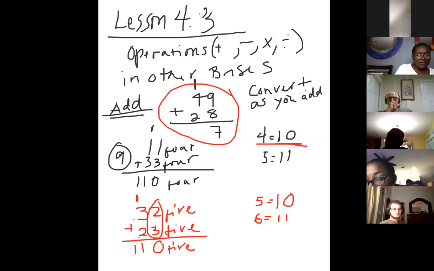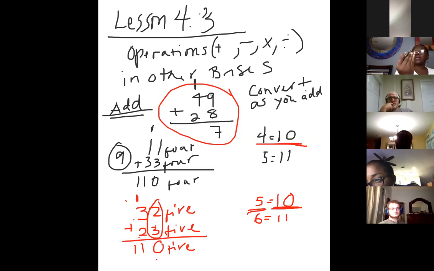The answer cannot have a digit that is equal to or greater than the base, so you have to convert it. So I go to the side and I do a quick division. The base is 5, so 5 goes into 5 how many times? Once, with 0 left over. So the number 5 in base 5 is actually 1, 0. So I drop the 0 and I carry the 1.